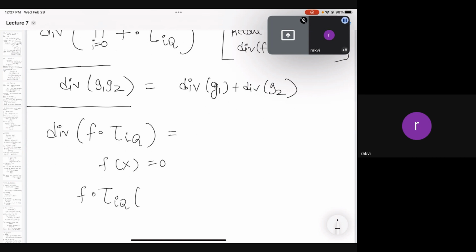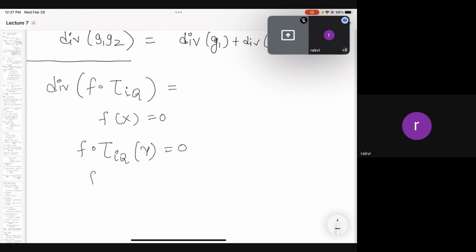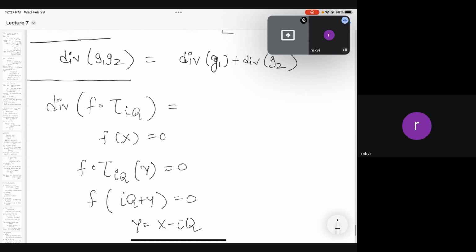So I want y such that this is 0. But what is this exactly? This is f of iq plus y equal to 0. And I know all the zeros of f, they are basically x, right? So what is y? y is nothing but x minus iq. So all the zeros, they get translated like this.